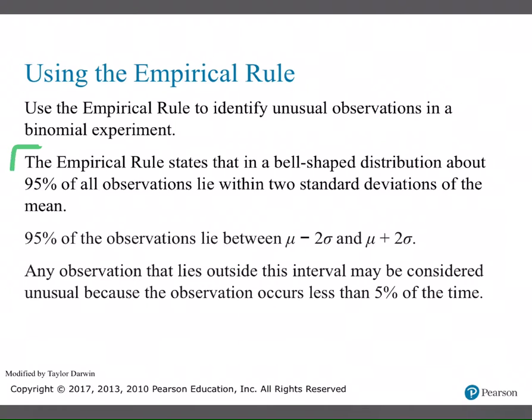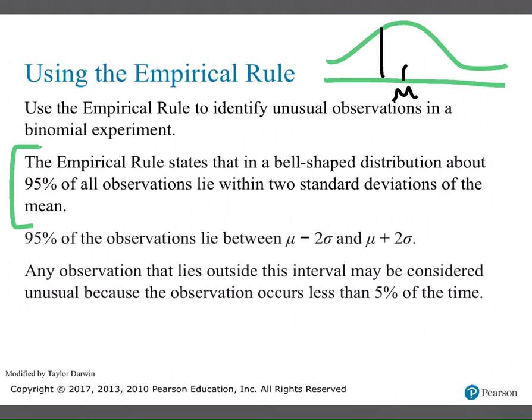Lastly, I don't know if you remember the empirical rule, but it was basically when we had a bell-shaped distribution, the mean's in the middle, 68% of our data lies within 1 standard deviation of the mean, and 95% of our data lies within 2 standard deviations of the mean.